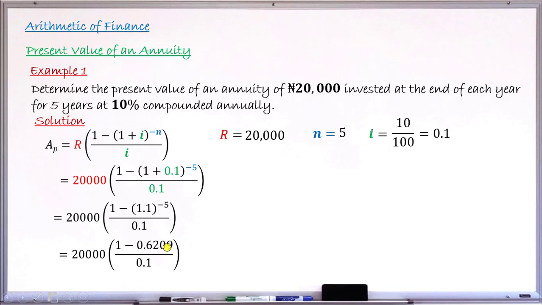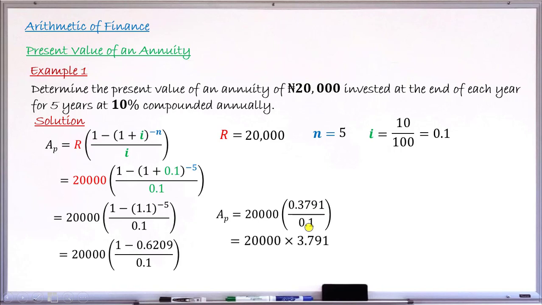I continue. Next I'm going to subtract 0.6209 from 1. If that subtraction is done correctly, you now have 0.3791. So what I'm going to do next is to divide 0.3791 by 0.1.